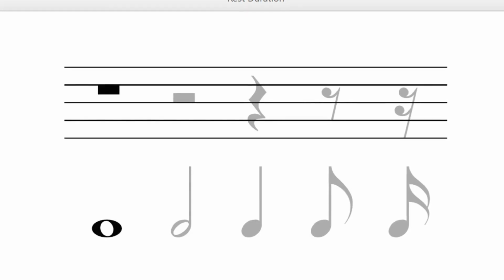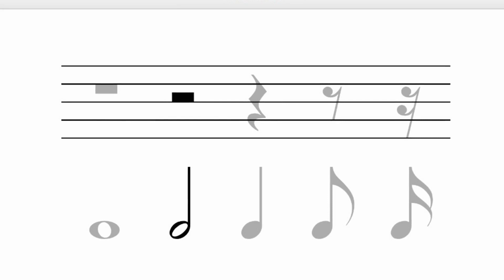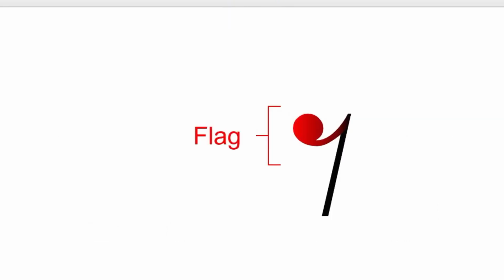For instance, a whole rest is drawn as a box descending from the fourth staff line. That's a whole rest. A half rest looks like a hat and occupies the same amount of time as a half note. It's drawn as a box ascending from the middle staff line.